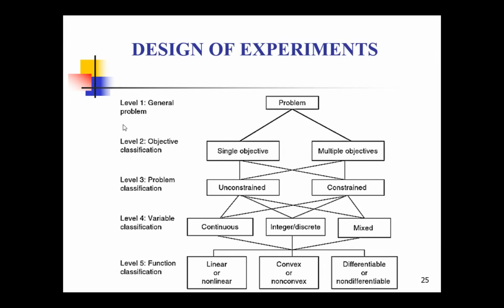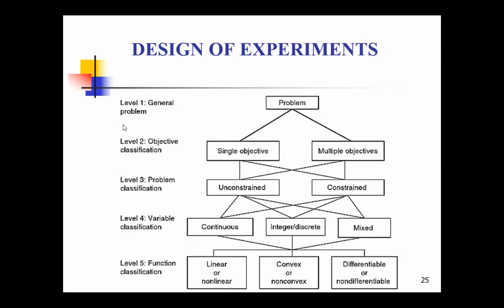In the variable classification, we have continuous and discrete. In the continuous category, the input cutting speed varies between 100 rpm to 200 rpm. So it takes any value in between 100 and 200. So it becomes continuous. But in the case of discrete, in the example we have seen, the chase is of two types, A and B. Whether it will be A or it will be B, there are no values in between that.